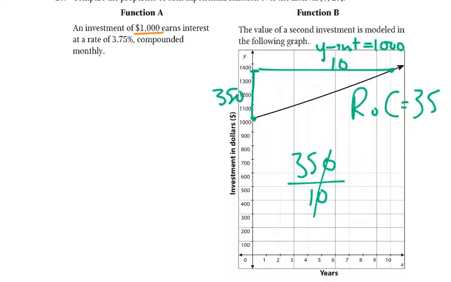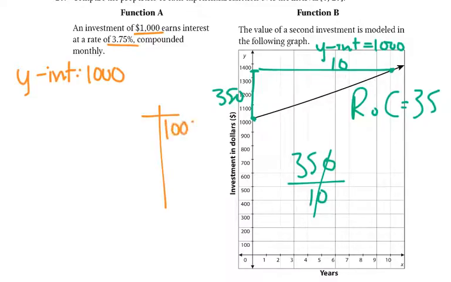We invest 1,000. Okay, so that's our y-intercept. Is 1,000. And its interest rate is 3.75% compounded monthly. So basically, every month, we're taking that and timesing it by that plus the 100%, so it would be 1.0375. But that's months, so we'd have to get to 12 months for 1 year.